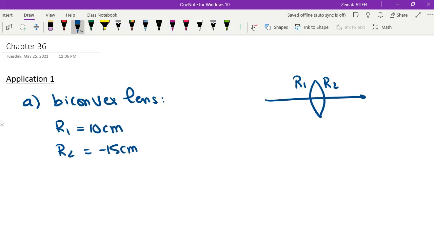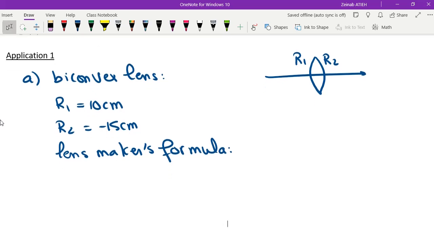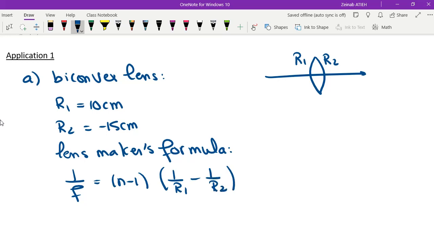What's left is just to apply the lens maker's formula. This formula gives us the focal length in terms of the radii of the spherical surfaces of the lens. So 1 over f equals n minus 1 times 1 over r1 minus 1 over r2. Remember, r1 and r2 are algebraic values.